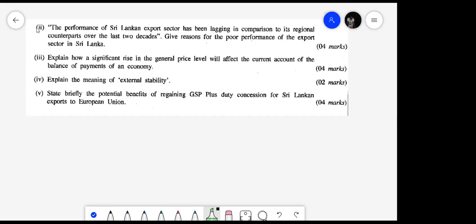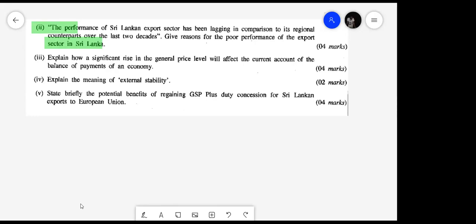I'm telling you guys, there can be a question on this export sector, right? What has happened to our exports in recent years, right? With COVID-19 and all, what has happened? So like I always told you all, go through the central bank report, guys. See what has happened to our exports. See which ones have fallen, which ones have increased, what has happened to our imports, right?